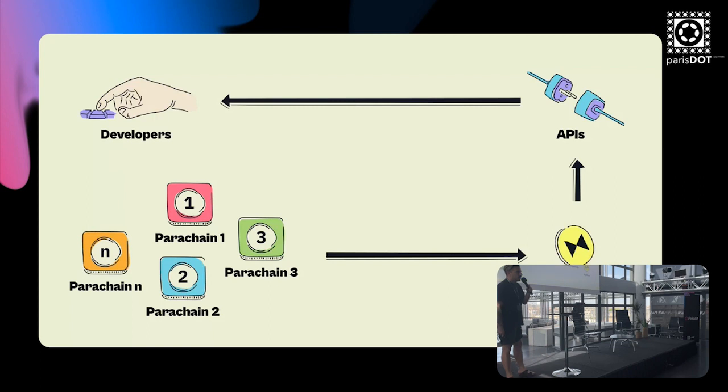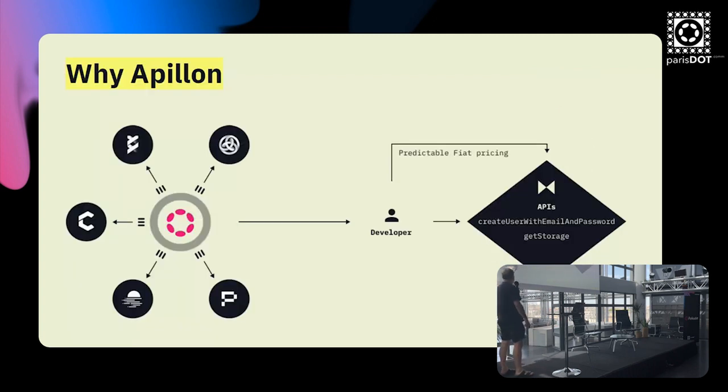We just heard Zoe speak about Phala and compute. So we take that parachain as well. We connect to that parachain. We think about use cases developers might want to have and what they want to build there. And we give very simple APIs any developer can use to build dApps or Web3 apps.